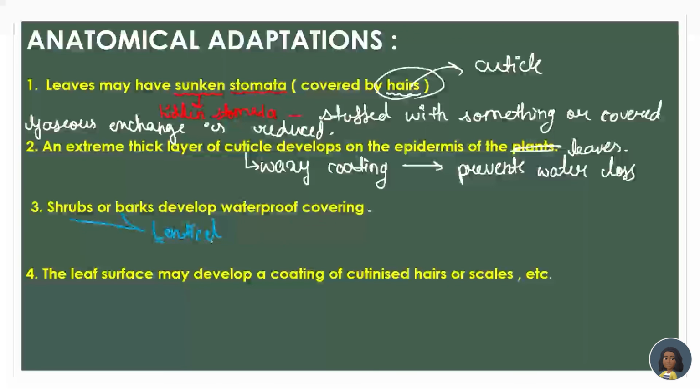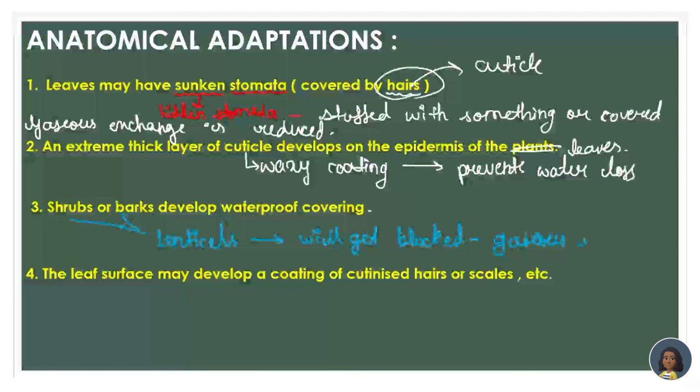So if they develop a waterproof coating, then lenticels cannot help in transpiration. If a waterproof coating is given, then the lenticels will get blocked. Gaseous exchange will be stopped, or we can say it will be reduced.